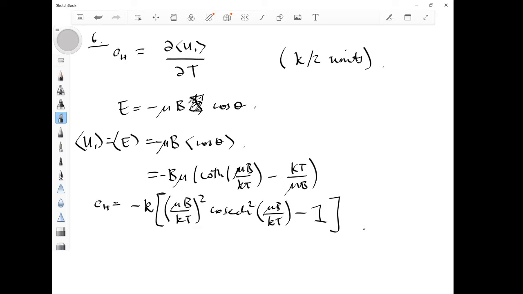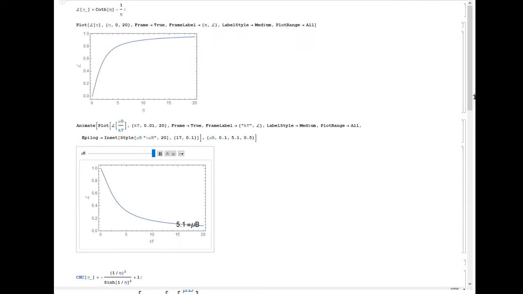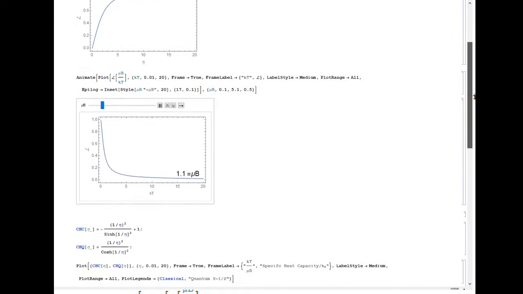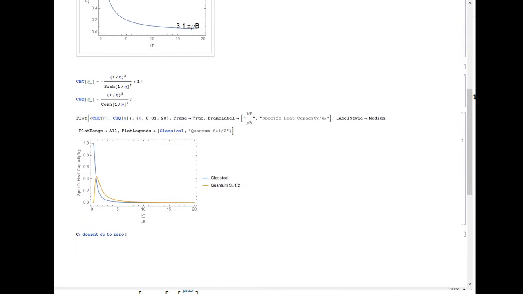And I've also plotted this. So if we go have a look at this Mathematica document that I had before, we have plotted the classical result. So this is in blue. I haven't actually done it in units of KB on 2. I've accidentally done it on just KB.